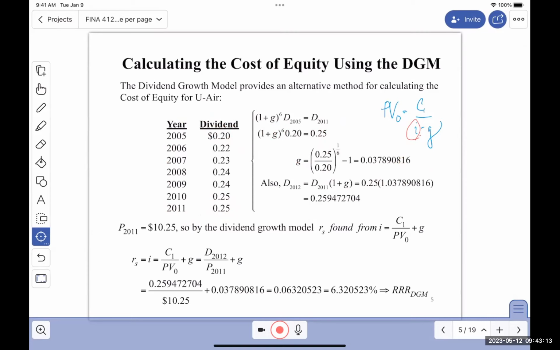It feels kind of like you're solving for an interest rate. You're solving for a rate, the growth rate. So once you have the growth rate, you can use it to estimate the next dividend.